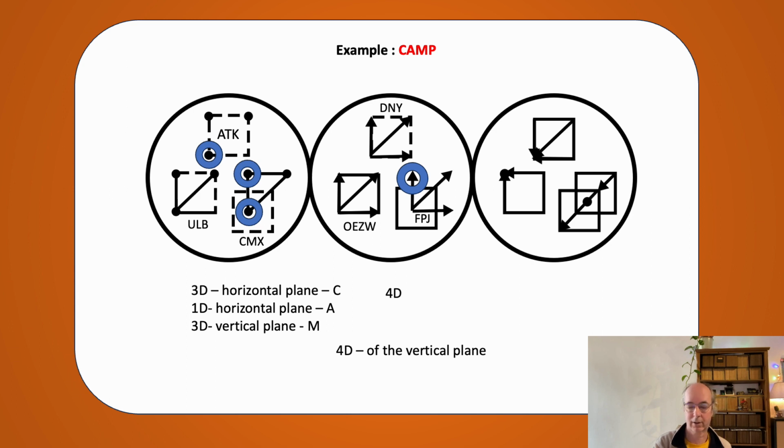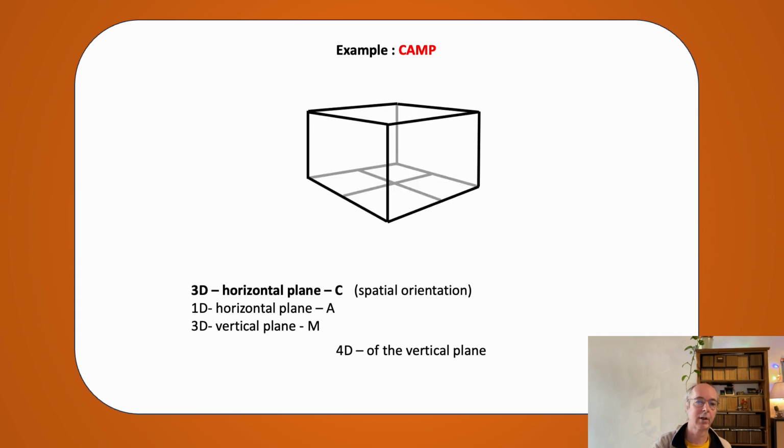Let's draw it in the three-dimensional cube, let's say, and show these reference points. So here's the cube, and I'll have the horizontal plane, which can actually be anywhere in the cube, but it's a spatial orientation, the three-dimensional on the horizontal plane. On that plane I will put a point, a line or alignment or a reference point.